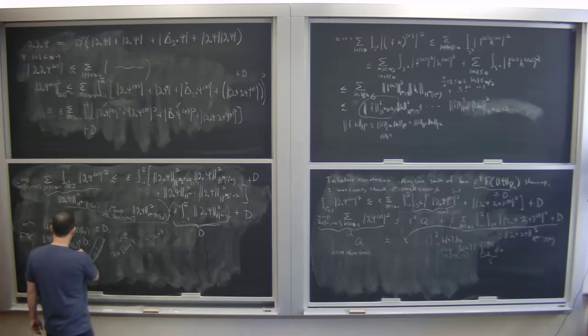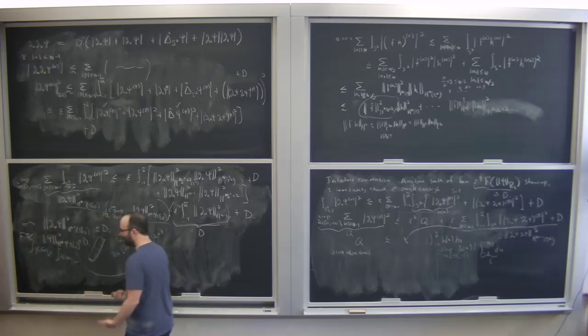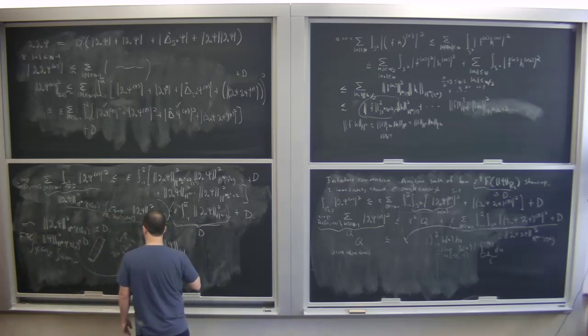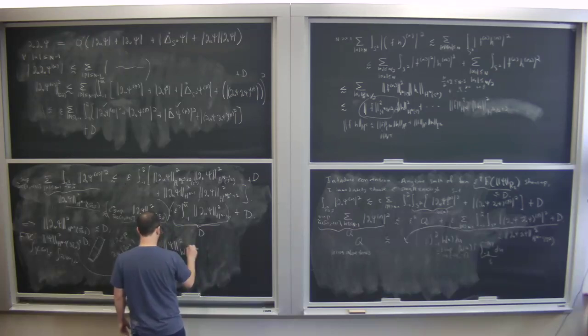And so in particular, I can do Sobolev inequality, right? And now I get that, by my Sobolev inequality, if I lose two derivatives, I can control up to n minus 3 in infinity, right?